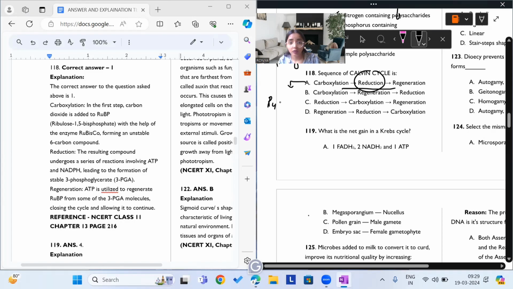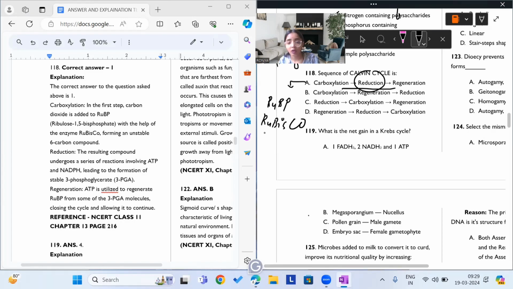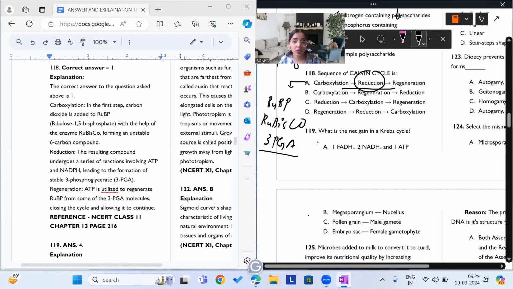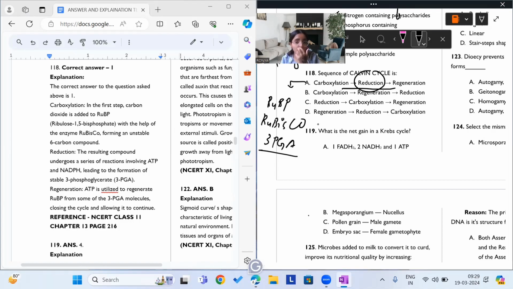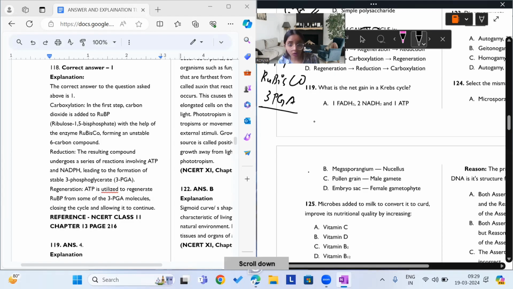So the 3 things you have to remember: RuBP, Rubisco, and 3-PGA. These 3 words are important. RuBP and Rubisco are present in carboxylation, and 3-PGA is formed after reduction. Okay. So this was 118.